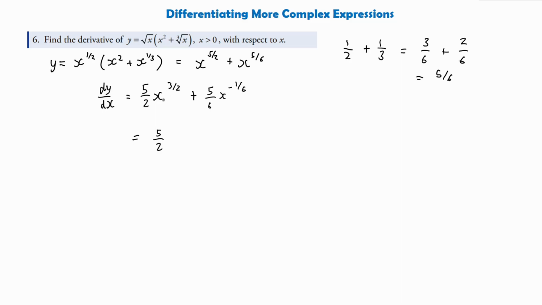Now it's the square root of x cubed. And then we're going to get plus. Now it's 5, so it's going to go on the top. And we're going to have 6. And then it's the 6th root of x. So we'll write that like such. And that is going to be our final complex expression that we're going to look at differentiating.